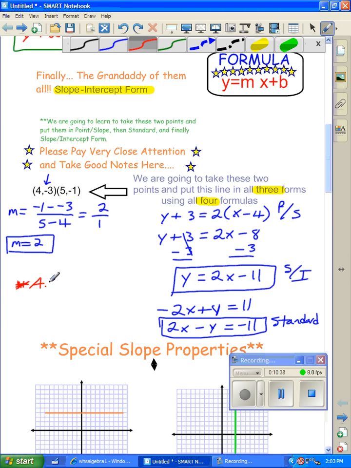A, B, and C have got to be integers. Okay? A has got to be positive.